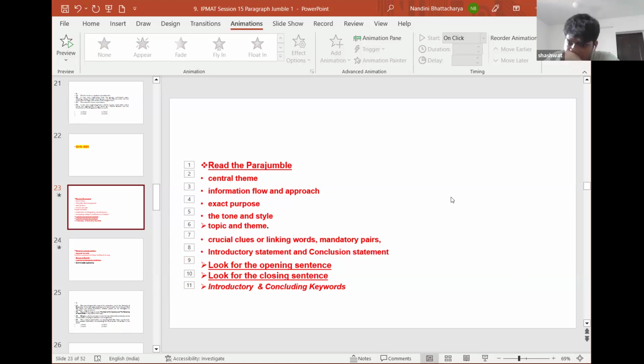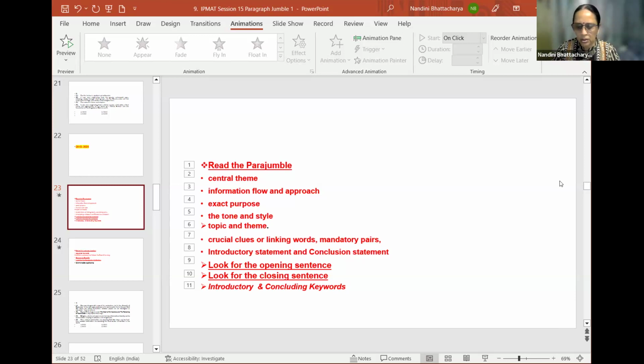So, Shashwat, do you remember the strategies for para completion questions? Yes, ma'am. Okay, what were they? First, elimination. First is not elimination. You have to do a lot of things before you start eliminating. So, what do you do before you start eliminating?